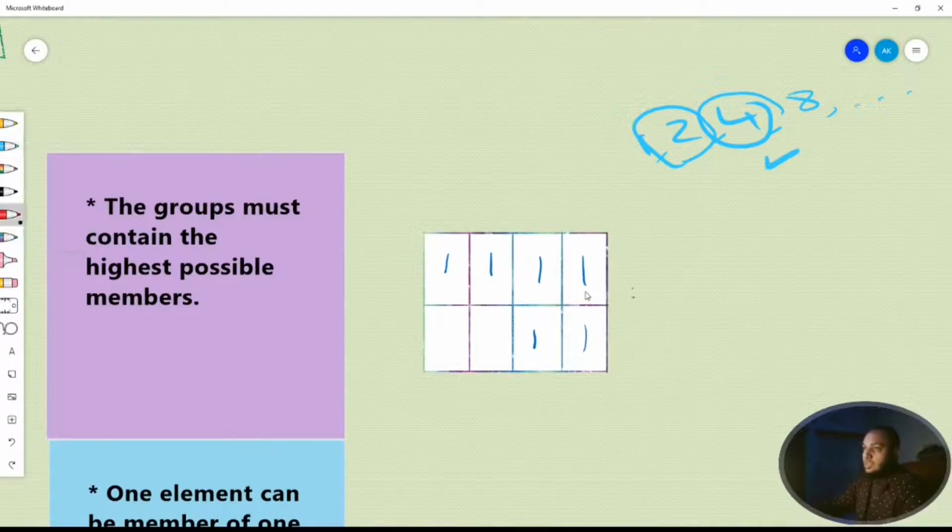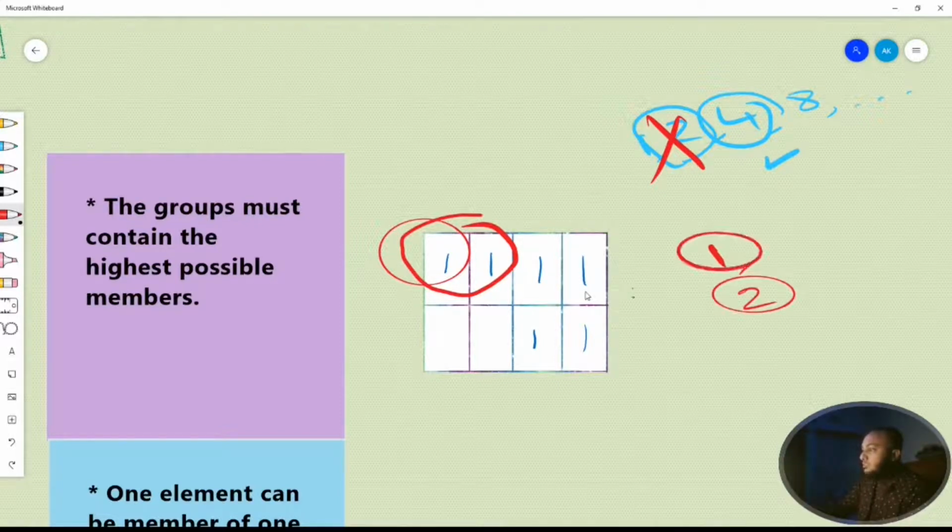We can't have 2 members in that group. For example, here we have 1 element. 1 can be a possible number of a group, but there are 2 adjacent elements, so we can form this group containing 2 members.